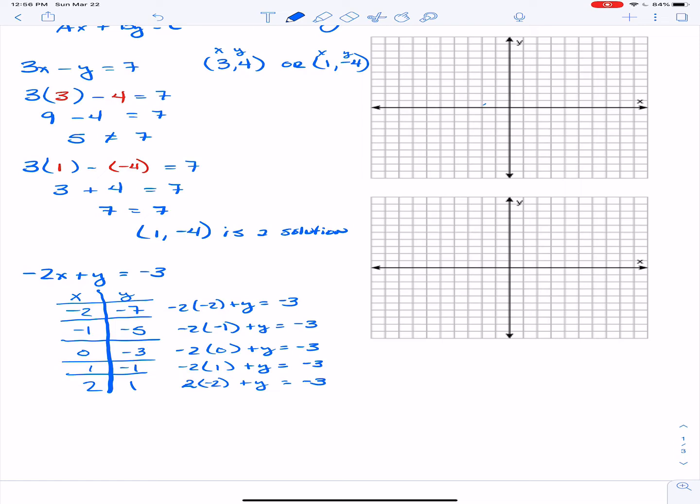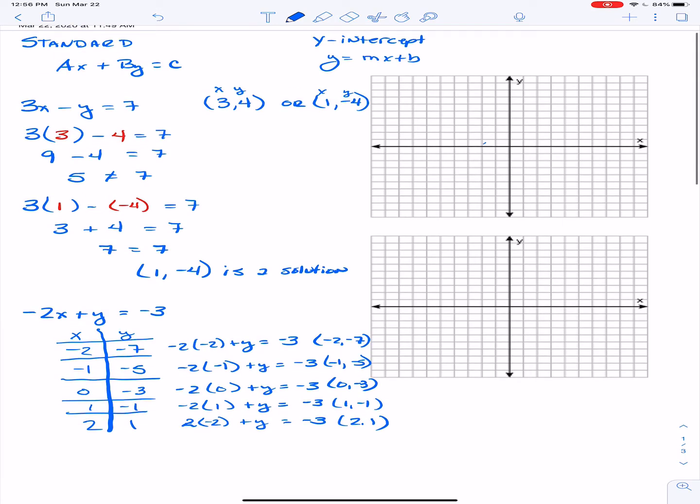So now I have all my ordered pairs: negative 2, negative 7; negative 1, negative 5; 0, negative 3; 1, negative 1; and 2, comma 1. Now all I'm going to do is go up to my graph and graph these points.